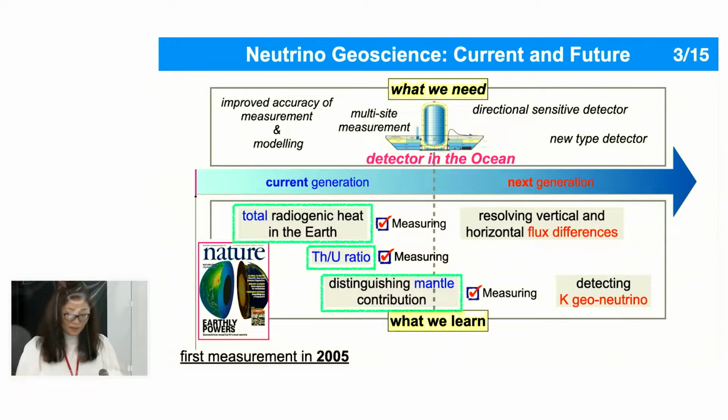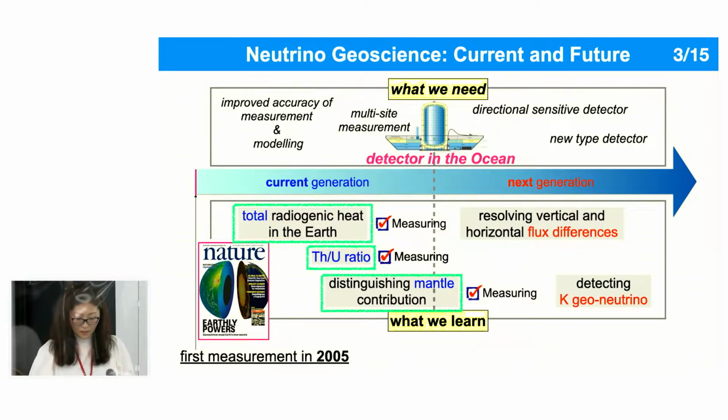Because of this achievement, we could learn the total radiogenic heat in the Earth and also the uranium-thorium ratio. The next target is to know what the mantle is.